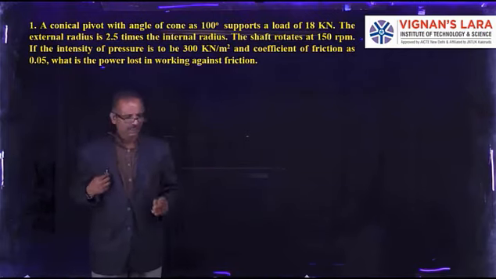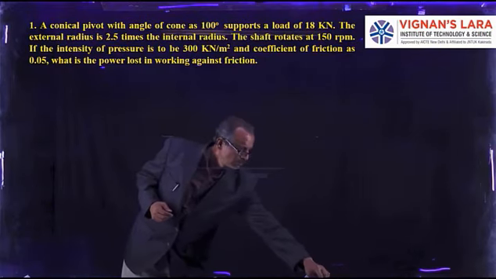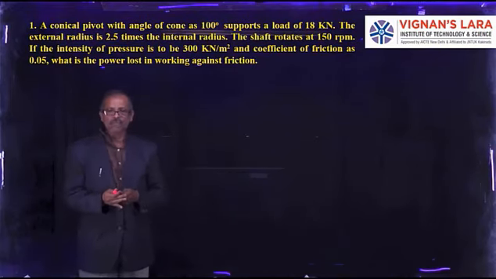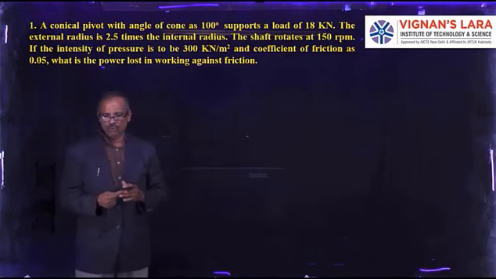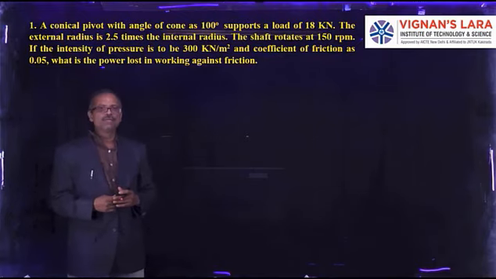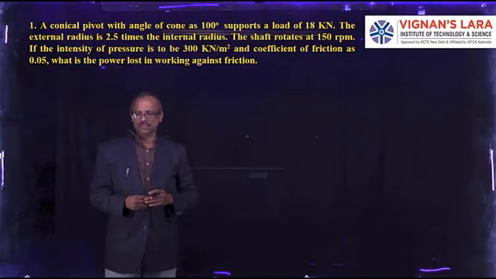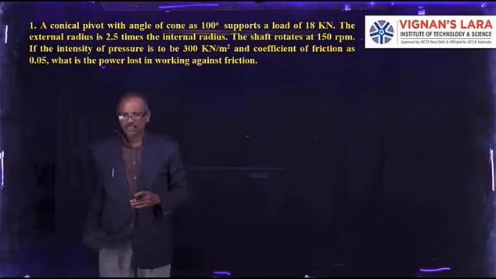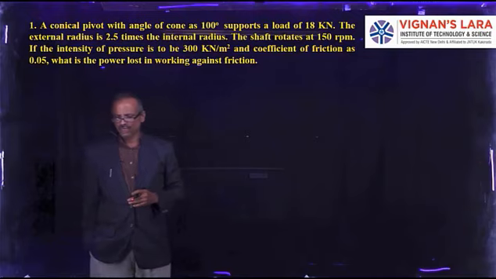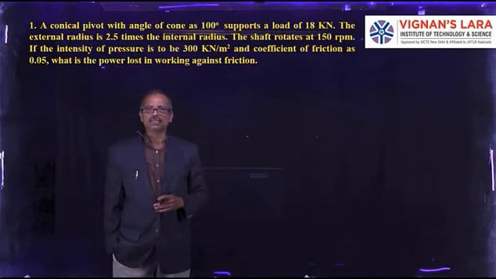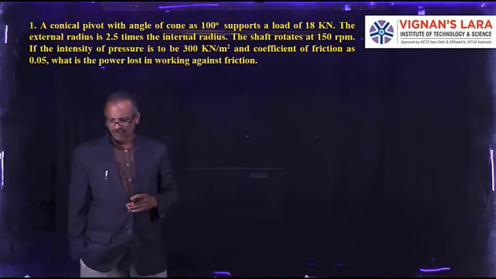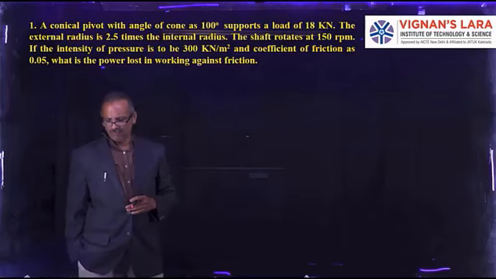The first problem is like this. A conical pivot with an angle of cone of 100 degrees supports a load of 18 kilonewtons. The external radius is 2.5 times the internal radius. The shaft rotates at 150 rpm.